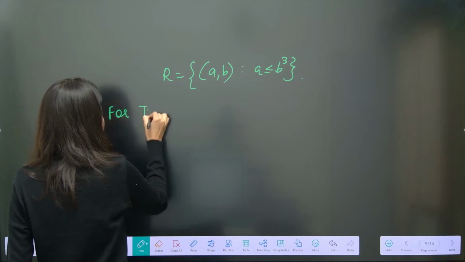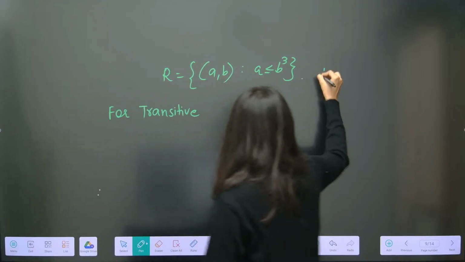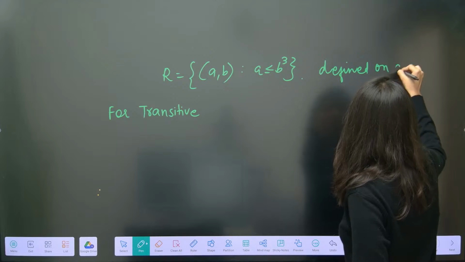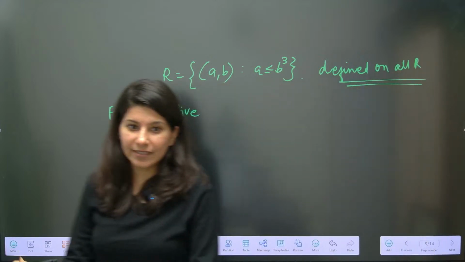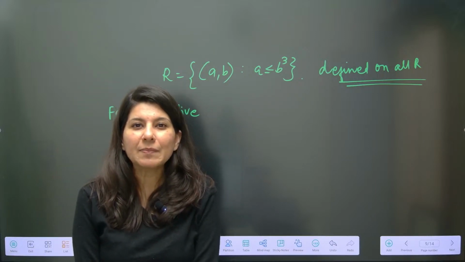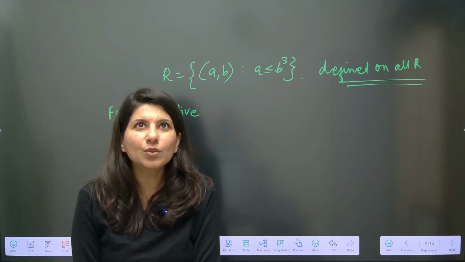And this is, by the way, very important, defined on set R, on all real numbers, right? Now, some people might be a little confused: ma'am, we don't understand, how to think about it.